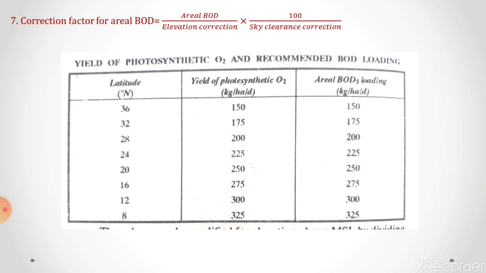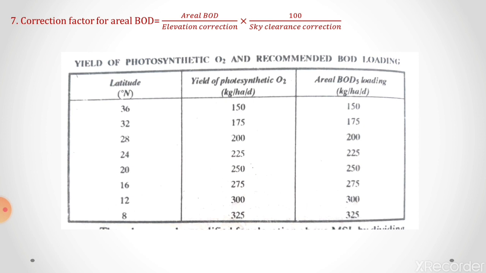Then the correction factor for aerial BOD. After calculating the elevation correction and sky clearance, we can calculate the corrected aerial BOD, where aerial BOD divided by elevation correction into 100 divided by sky correction. So whatever values we get for the elevation correction and sky clearance, you have to put in this formula and you will get the corrected aerial BOD.